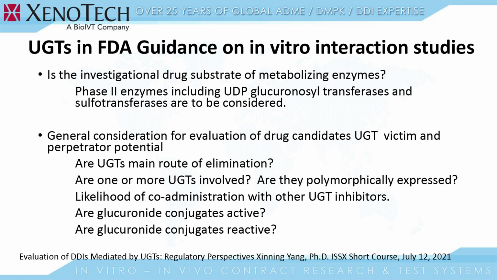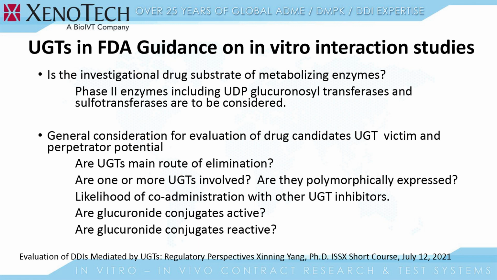So the main question that does need to be answered is, is the investigational drug a substrate of these metabolizing enzymes? So the guidance states that first, the major CYPs need to be investigated. And this needs to be followed up by the minor CYPs and any other hydrolyzing enzymes that are involved in the clearance of the drug. If no sufficient answer is found there, then additional phase 2 enzymes should be considered.